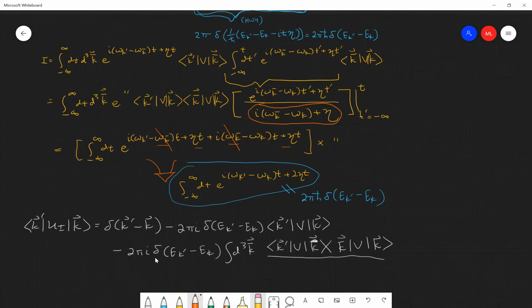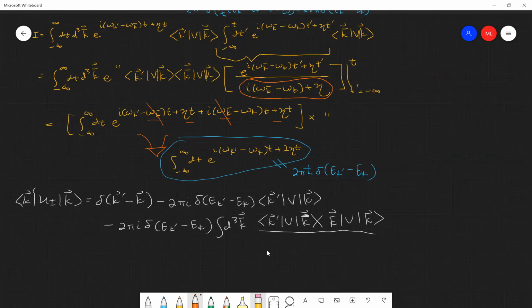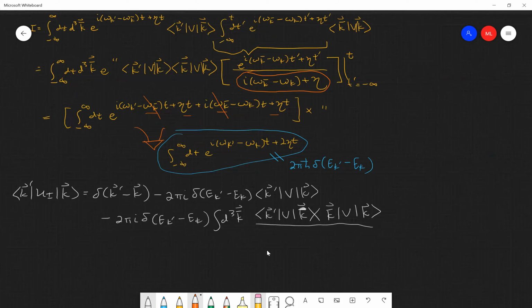And that denominator, from which we pulled out this factor of i to give us a minus i here, is E_k minus E_k bar plus i eta.